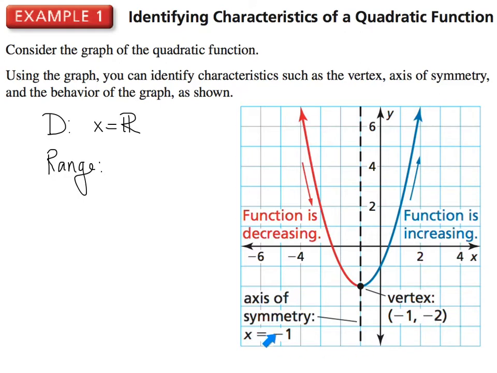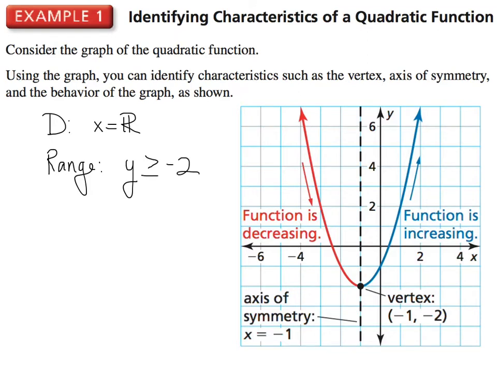There's nothing below what value of y? Here's the lowest value of y. And what is the y value here? It's negative 2. So that means your range is all real numbers greater than or equal to negative 2.